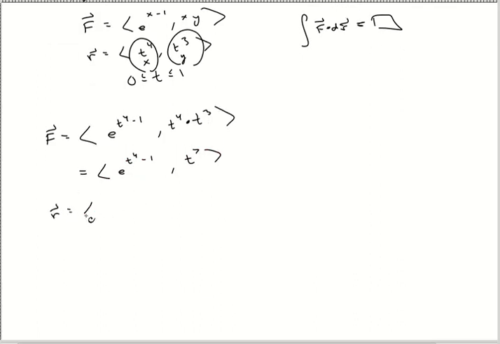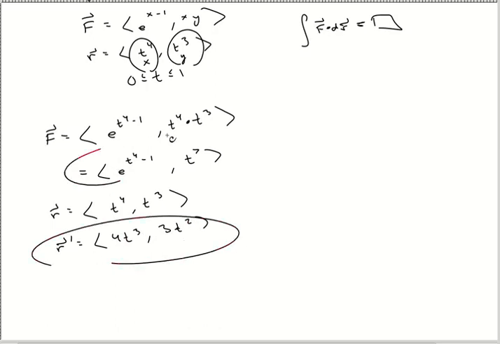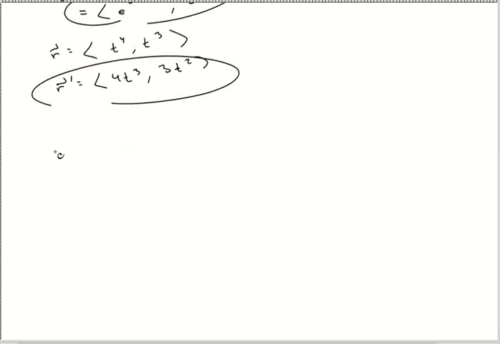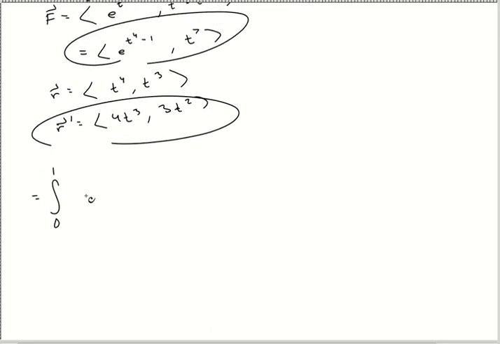Okay, r. I have my original, t to the 4th, t cubed. And so then r prime would be 4t cubed, 3t squared. So this one, we're going to dot product them and go from 0 to 1. So here we go. So e to the t to the 4 minus 1, t to the 7.